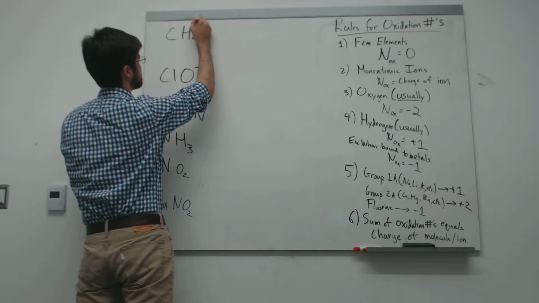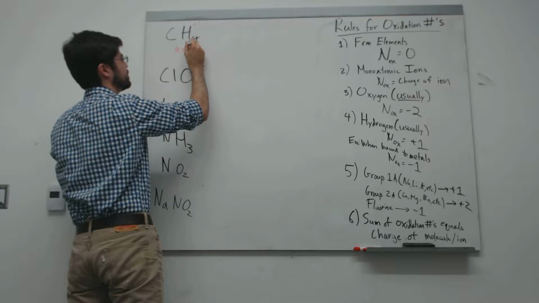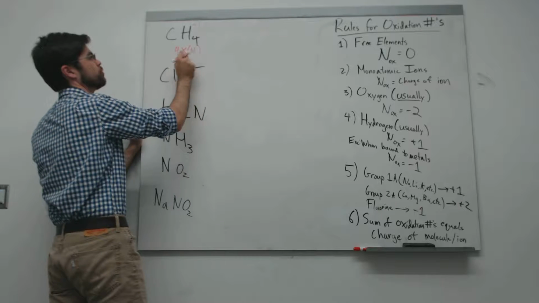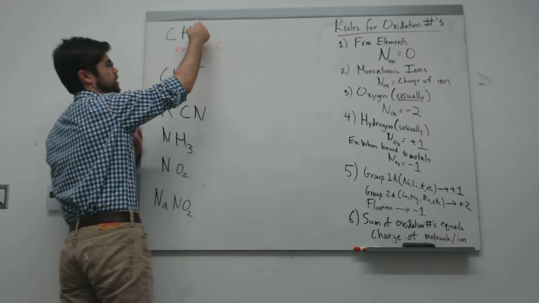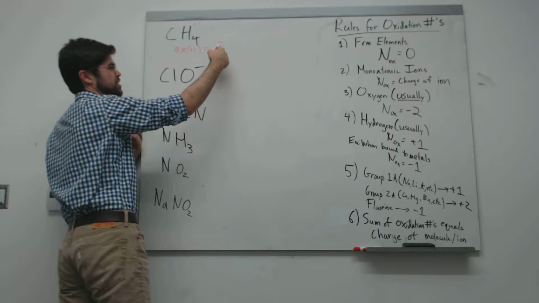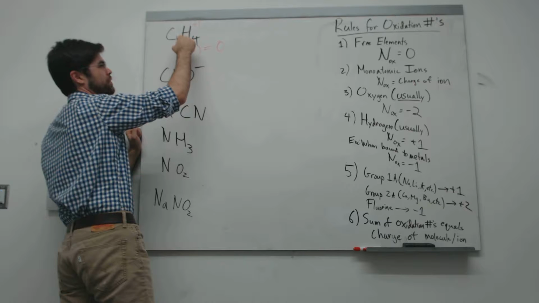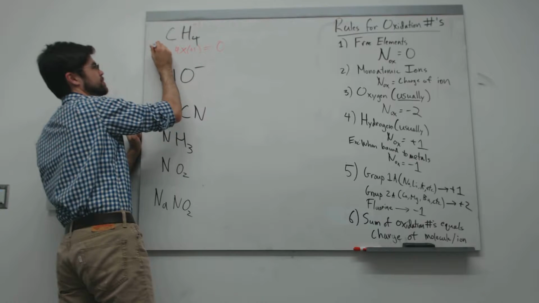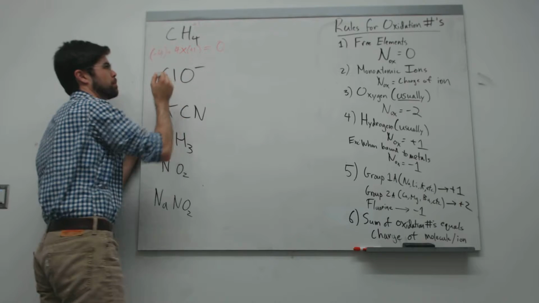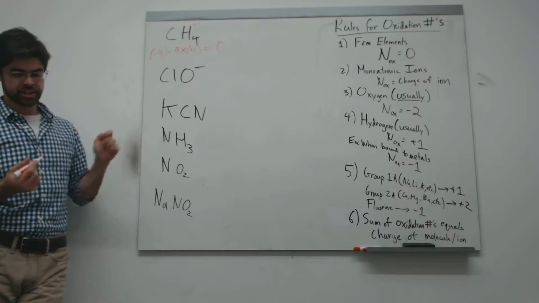There are 4 of them here. Because this molecule is neutral, the sum of the oxidation states should be 0. So I get +4 from all of the hydrogens, which means that the carbon has to be -4.